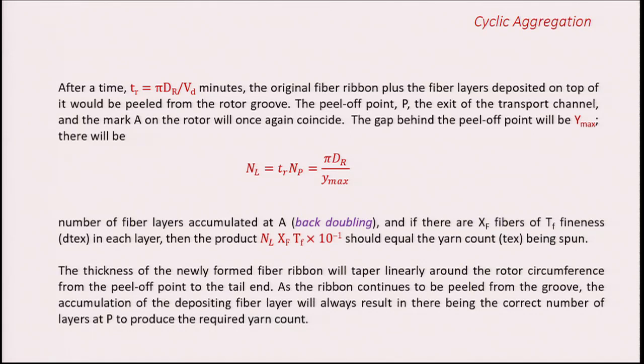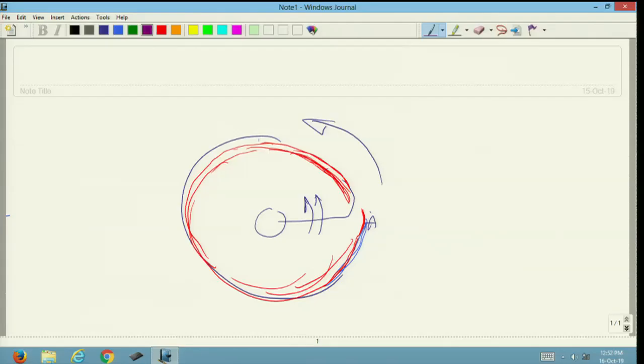The newly formed ribbon reaches the required thickness over here by combining so many layers. After that, it is going to be tapering down.